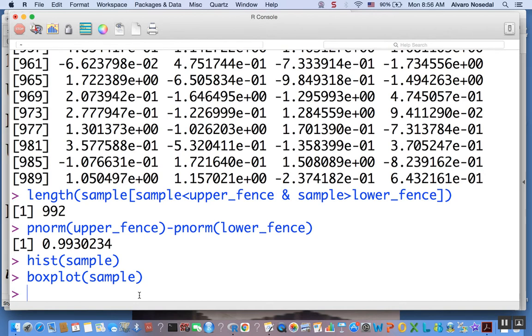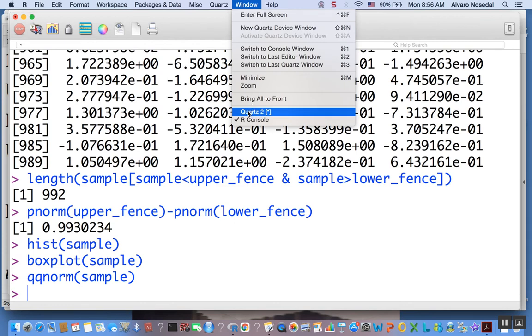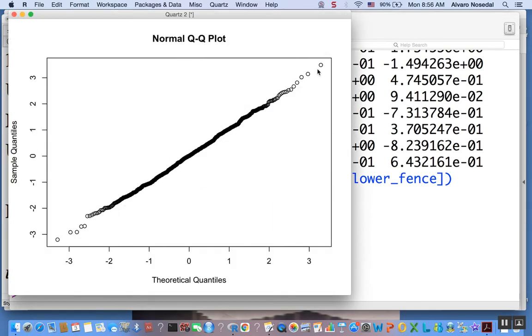And finally, let's make a QQ plot for our sample. To create a QQ plot, we just use the R command qqnorm. And then we know that the closer those points are to forming a perfect straight line, the more reasonable the assumption of normality is.